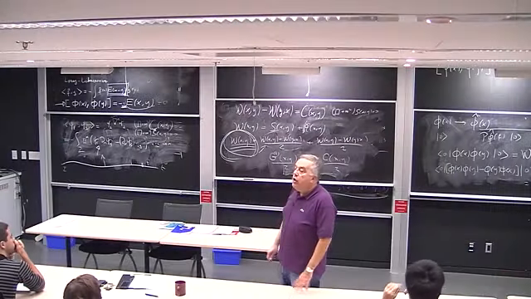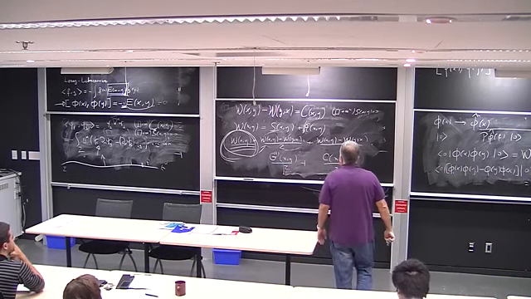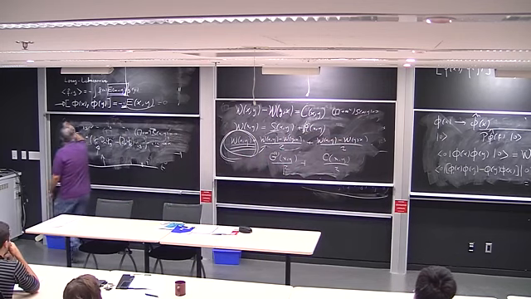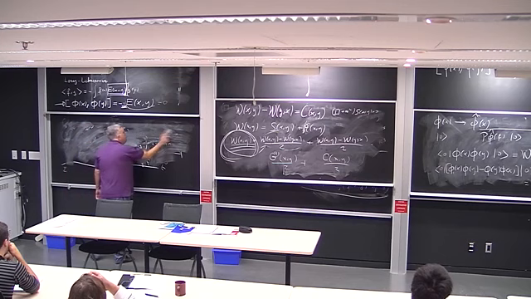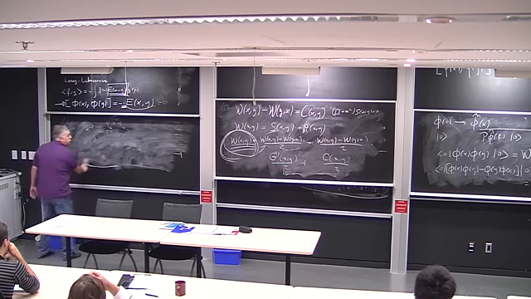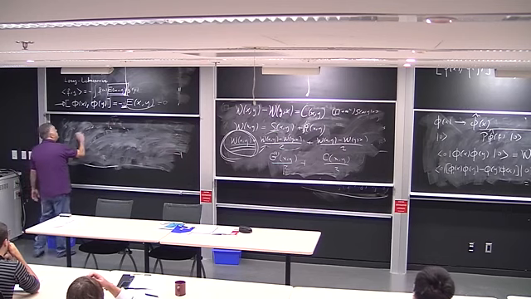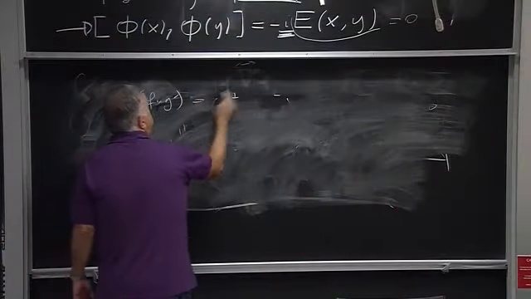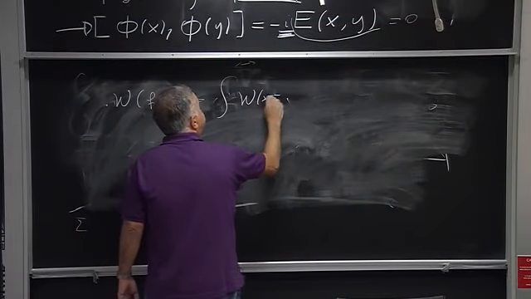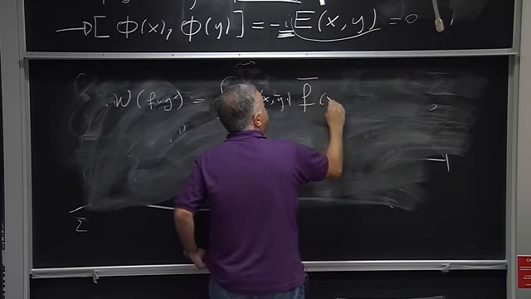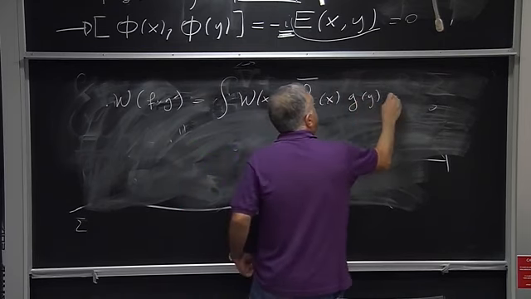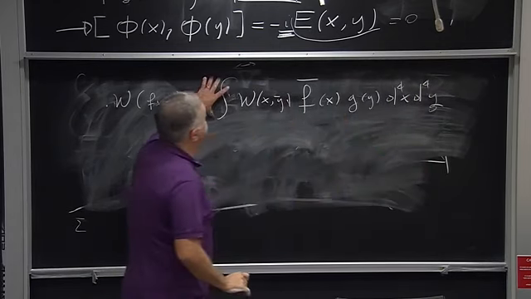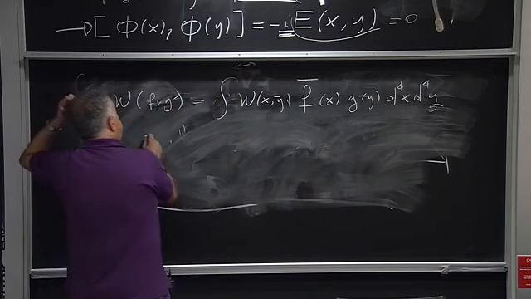Okay. Not completely arbitrary, because if you want to construct a Hilbert space out of the two-point function, you have to impose the positivity condition. What is the positivity condition? It means that W of f and g, which is W of x, y, with the same convolution we were considering for the commutator over space-time, must be a positive product.